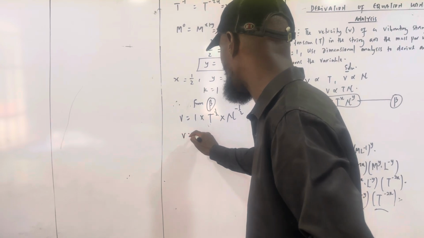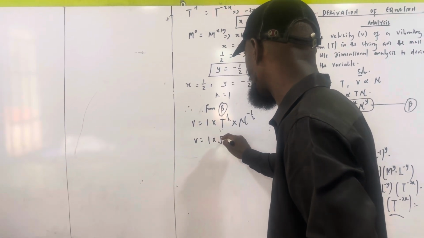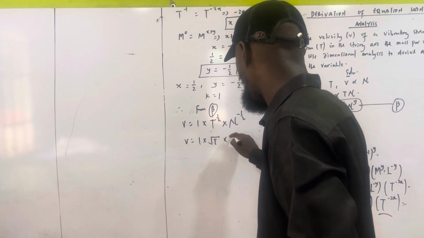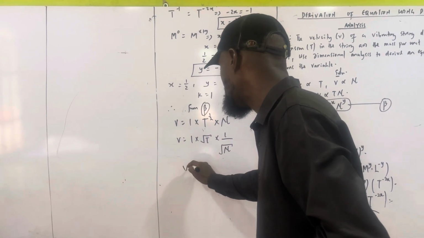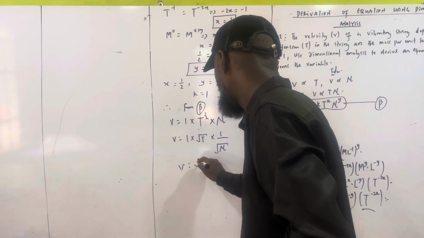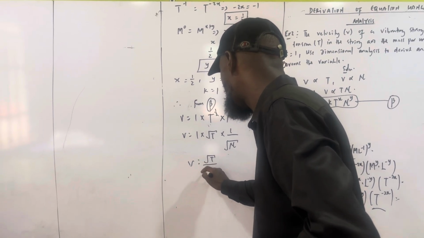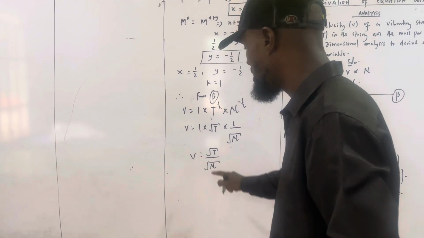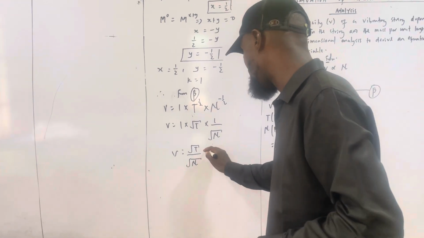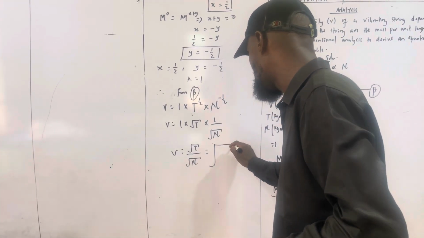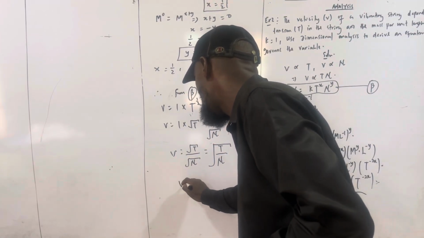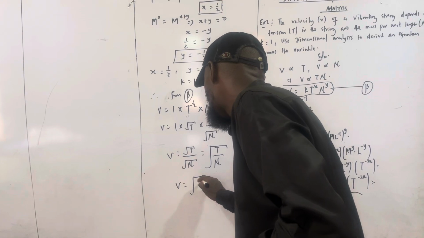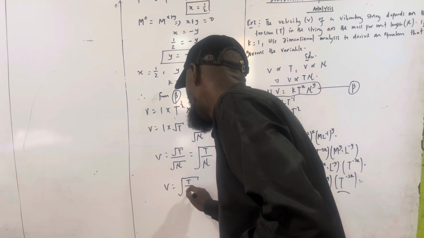So V equals 1 times square root of T times 1 over square root of mass per unit length. So V equals root T over root mass per unit length. Both of them have a square root, so I can take it as the square root of T over mass per unit length.